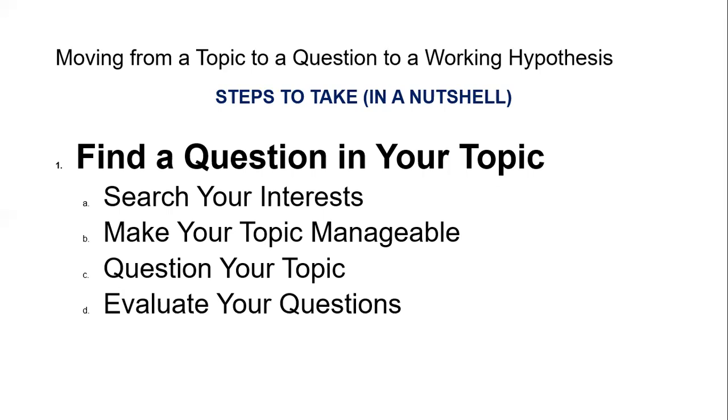Now, here are some other steps that you can consider. Make sure that the research question in your topic is related to what you're really interested in. So search your interests by asking yourself, what topics do I already know something about, but I can still learn more? What would you like to know more about? A place, a person, a time, an object, an idea, or a process?